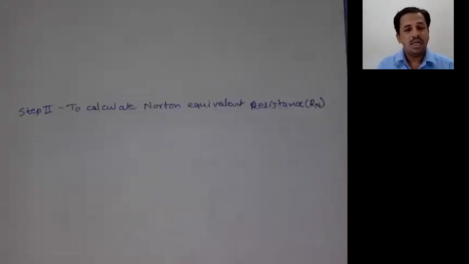Only the change is that the current obtained as the Norton equivalent current is called the short circuit current. And in the case of the Thevenin equivalent voltage, we represent that value in terms of open circuit voltage. Means these are the terms that you must remember.